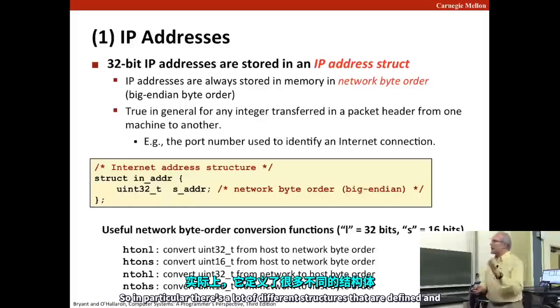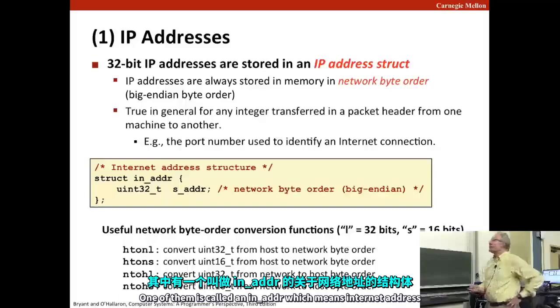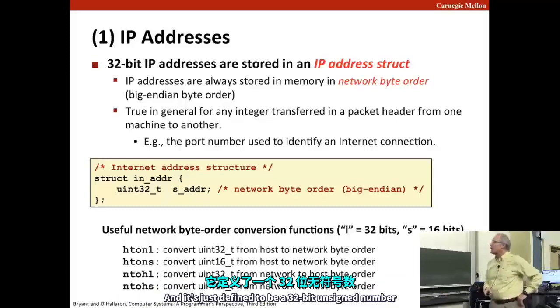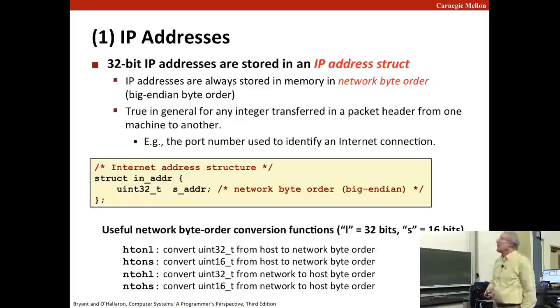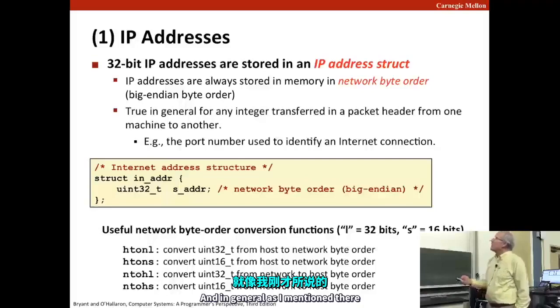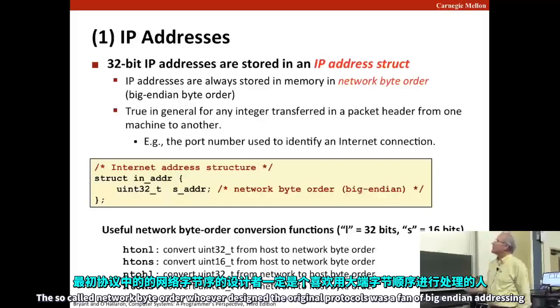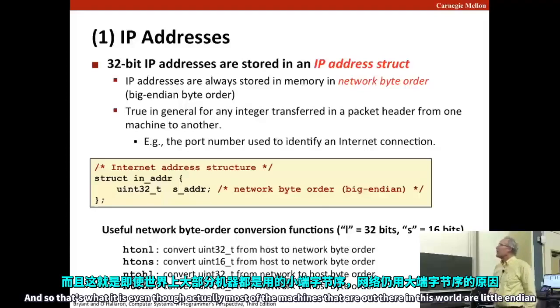In particular, there's a lot of different structs that are defined. One of them is called an in-adder, which means internet address, and it's just defined to be a 32-bit unsigned number. In general, as I mentioned, the so-called network byte order, whoever designed the original protocols was a fan of big Endian addressing. And so that's what it is, even though most of the machines out there in the world are little Endian.